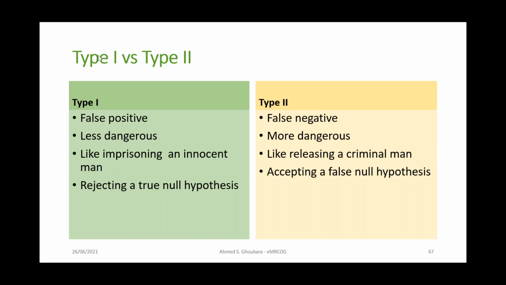So we said how to choose whether to accept or reject the hypothesis using the p-value. But I didn't tell you how the null hypothesis could be true or could be wrong. Okay, this is not our job today.